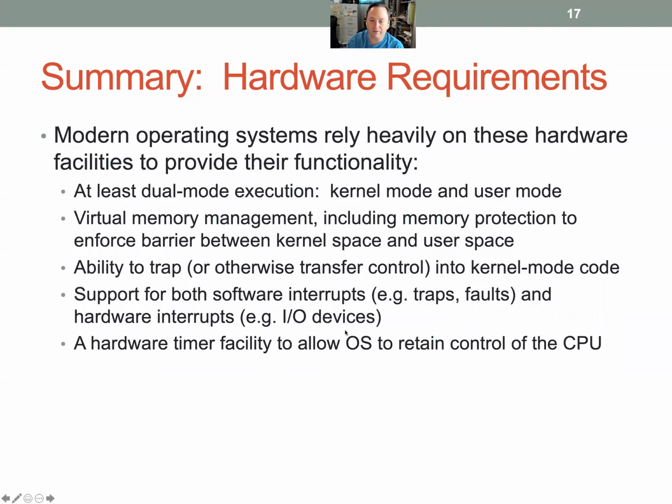Support for software interrupts, traps, and faults, as well as hardware interrupts, so that hardware can tell us when it's ready to do things for us, or it's finished doing something for us. And then also a hardware timer facility so that we can build preemption. If we have these things on a processor, we can build a pretty damn good operating system on that processor. If we don't have those things, our lives will be correspondingly reduced in quality. And I'll talk about an example of that really shortly.